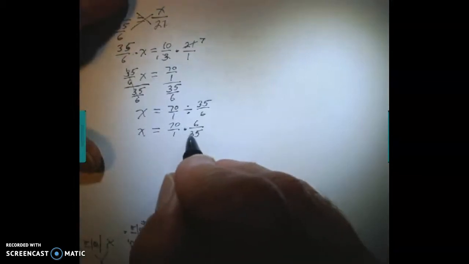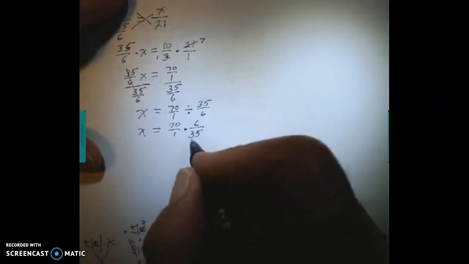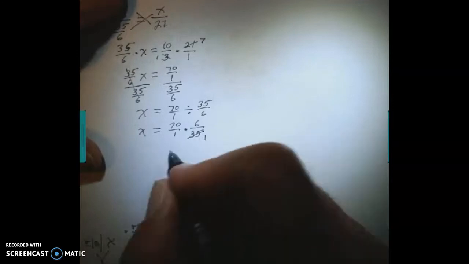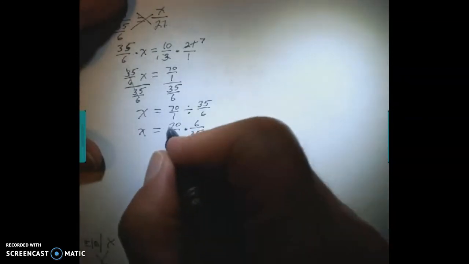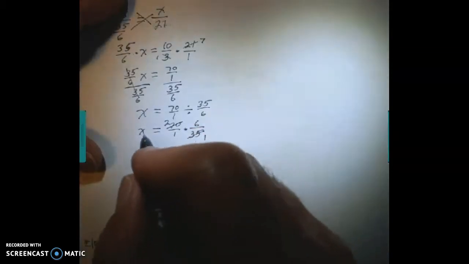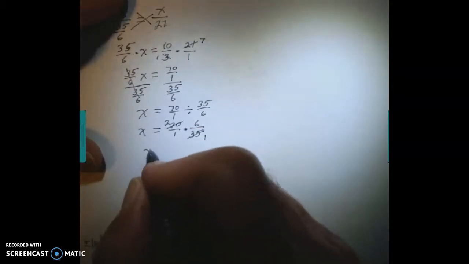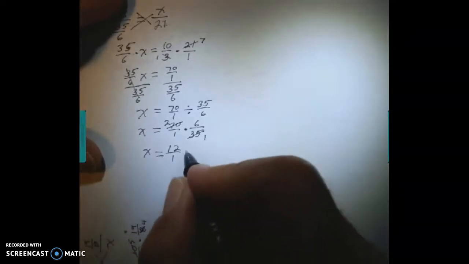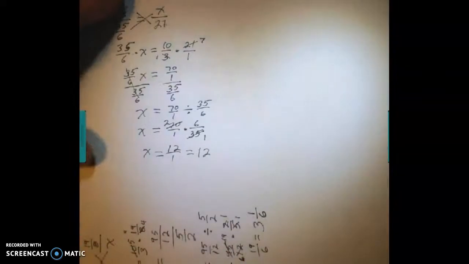These reduce beautifully. 35 and 70 are both divisible by 35. 35 divided by 35 is 1. 70 divided by 35 is 2. And so now when you multiply, you get 12 over 1, or just 12.